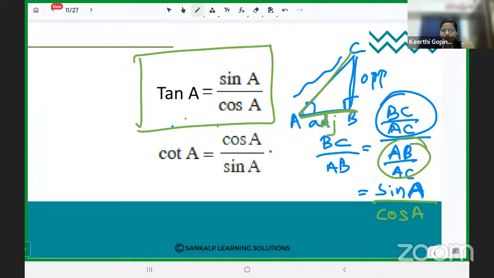So we can just reverse this: sin A by cos A reversed is cos A by sin A, which is nothing but cot A. Now have you understood what the trigonometric ratios are and the relation between tan, sin and cos? I hope everybody has understood this concept.